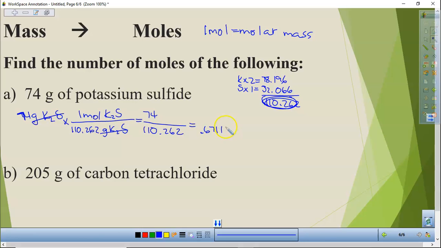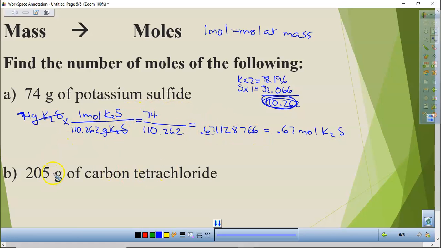Oh my gosh, too many numbers. 28766. How many sig figs can I have in this answer? Right there. 2. 1, 2. Does that 1 round that up or leave it alone? Right, it leaves it alone. So my final answer, 0.67 moles K2S.